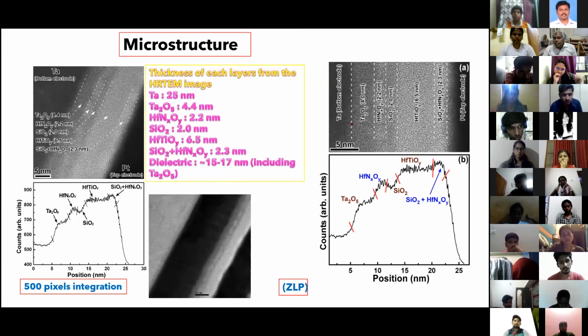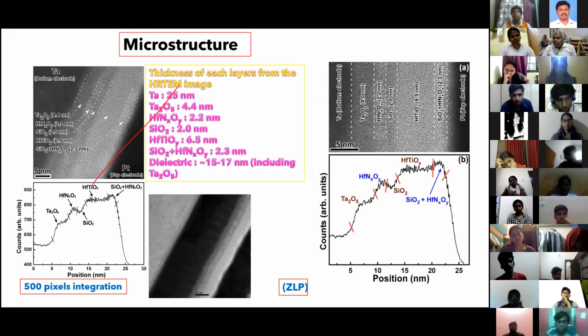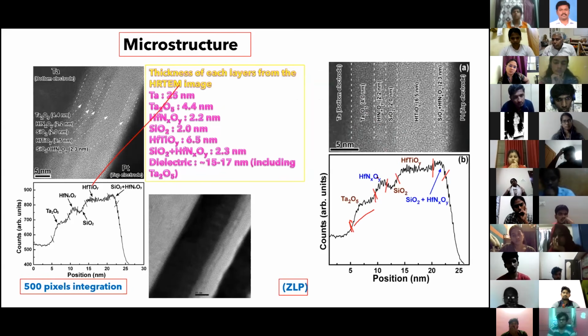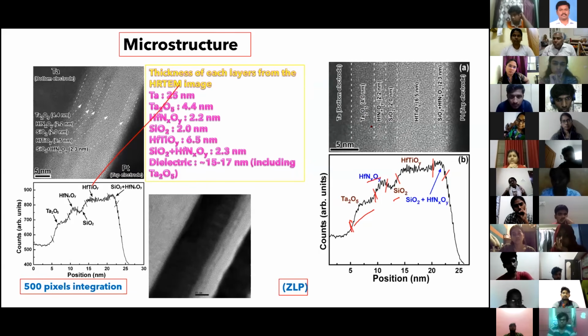This is a coating we have done, and this is a TEM image. Every layer here, by the contrast, we have demarcated the layer boundary. This is tantalum pentoxide, this is hafnium nitride, the silicon oxide, and various layers have been demarcated using transmission electron microscopy.